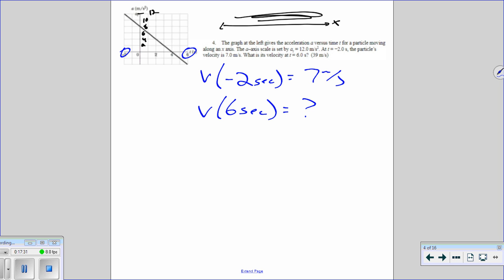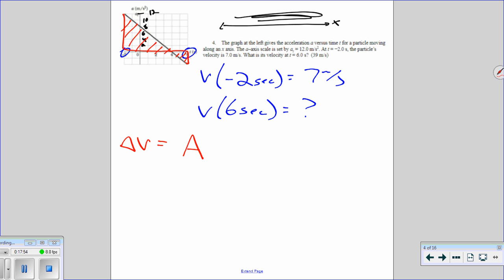Follow? To find the change in velocity, right? So our change, let's do this in a different color. Our change in velocity should be this area. That's our area. Follow?